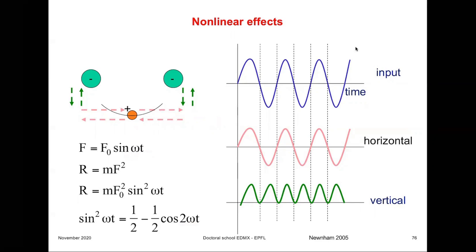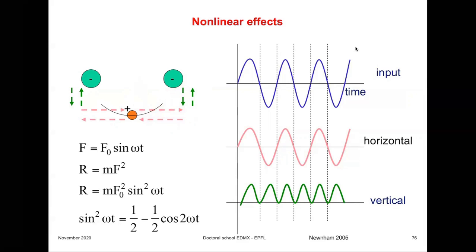Now, if you apply force up, down, and then change direction of the force, this plus atom will move left and right, but will also move in the vertical direction toward this negative atom. So the movement of the orange atom will go like this. It will have a horizontal and a vertical component. The vertical component we will describe by green lines, and with the red lines we will describe horizontal movement.